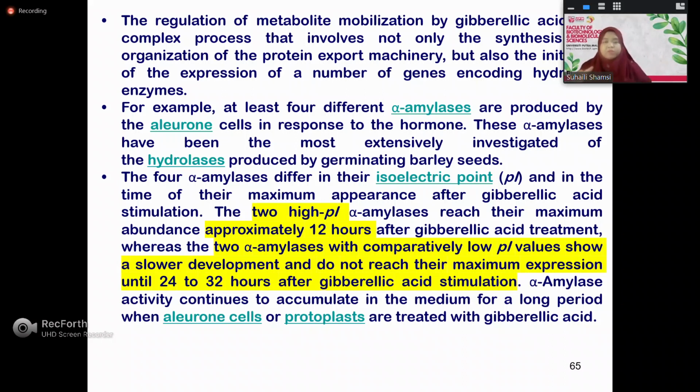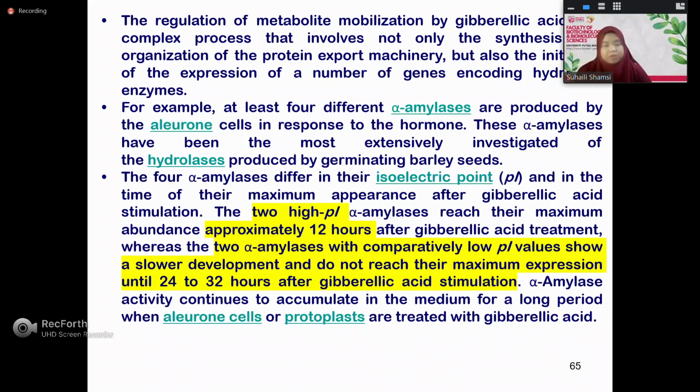So what is an isoelectric point? I believe you have learned this in your biomolecules, in proteins. So you have to find out what isoelectric point is. And this isoelectric point is what determines which one of the alpha amylases would be released first when the seed is exposed to exogenous gibberellic acid.